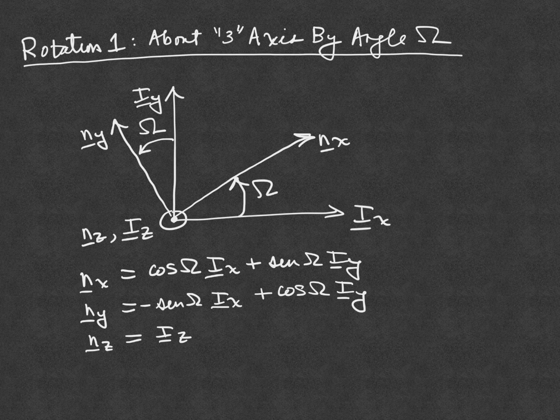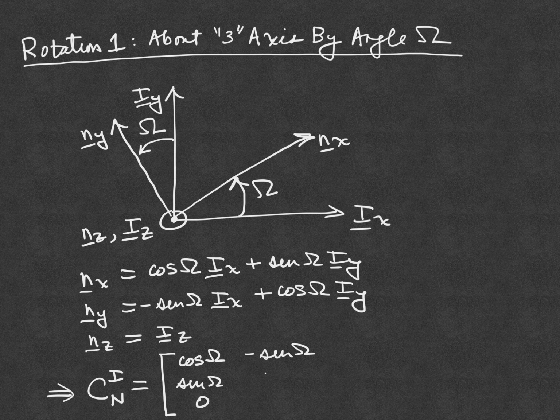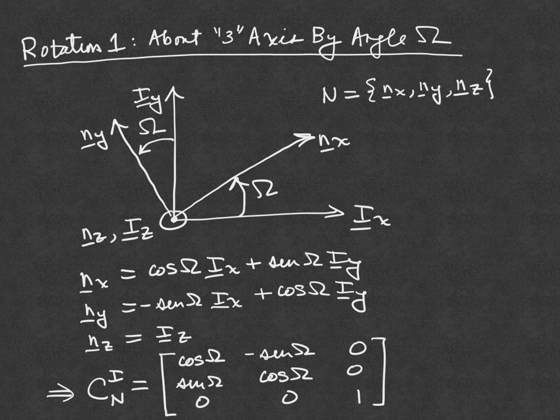Now from this relationship, we get that the transformation from n to I is equal to the following matrix. We get cosine of omega, sine of omega, 0, minus the sine of omega, cosine of omega, 0, 0, 0, 1, where we're going to denote n is equal to nx, ny, and nz. So now I have the transformation from n to I.